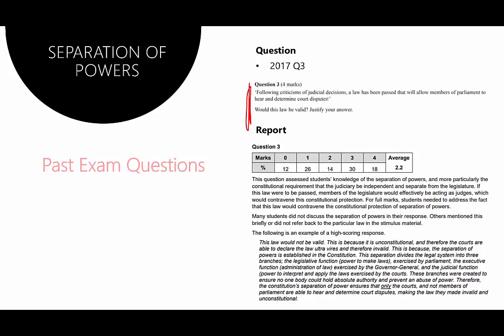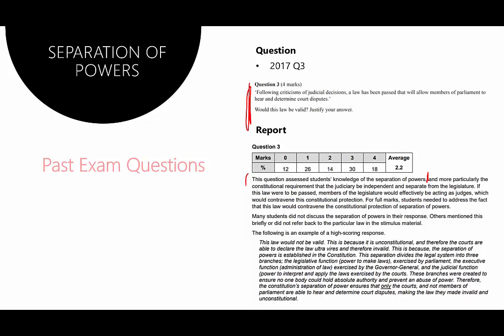And as it says here, the question assessed students' knowledge of the separation of powers, and more particularly, the constitutional requirement that the judiciary be independent and separate from the legislature. So potentially you're looking for a question that might come up like this, where you need to know that no, that separation of powers can't be changed by Parliament. It's structurally listed in the Constitution.